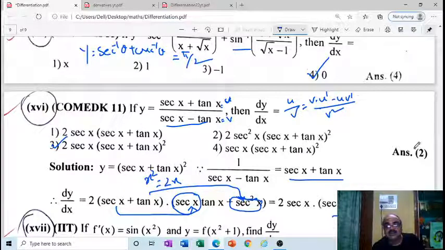Third one, not second. Is this clear to you? These are all the mistakes, friends, that you need to be very, very careful about. You have to understand these concepts very well and then proceed. Hope things are clear to you.